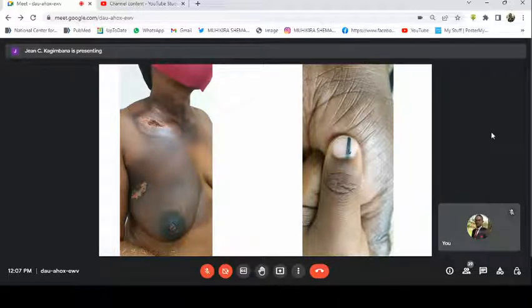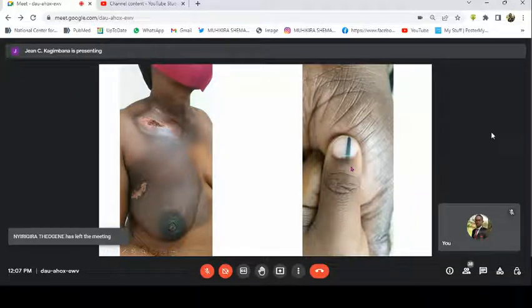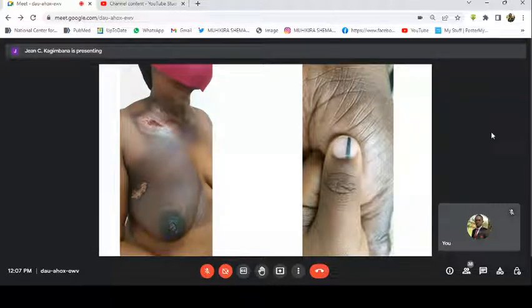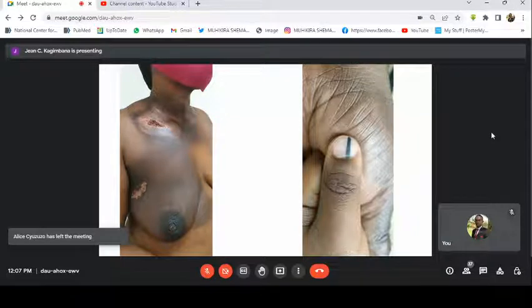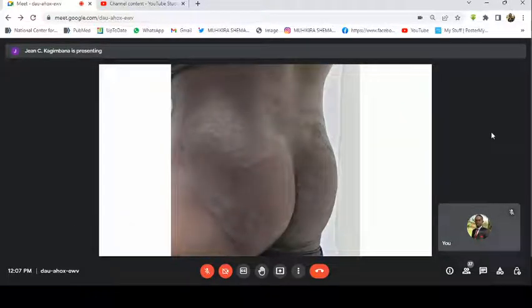Now here on the right one, this is a nevus, but it takes a linear aspect. What do you say? Linear hyperpigmented region. It's a region. Okay.